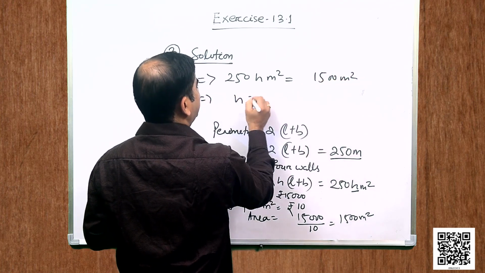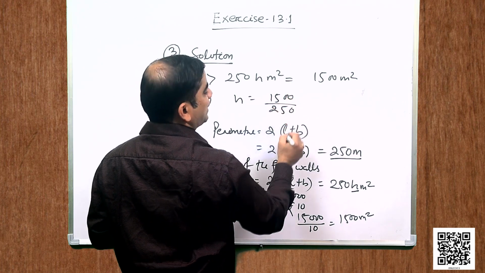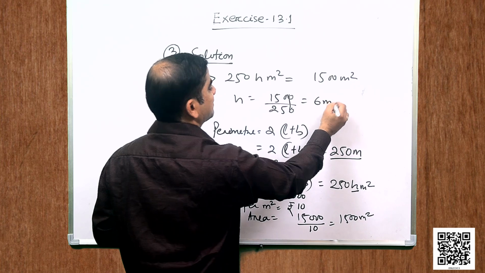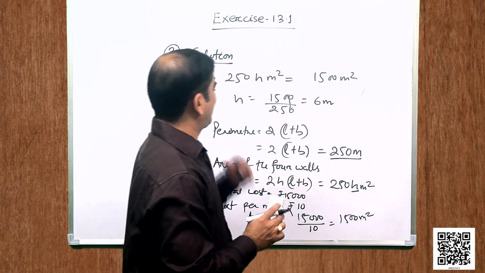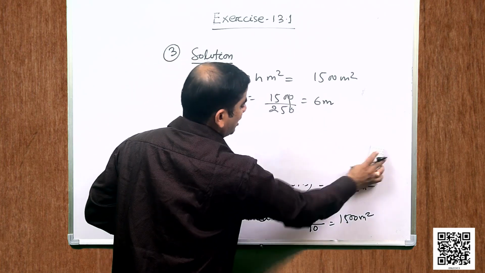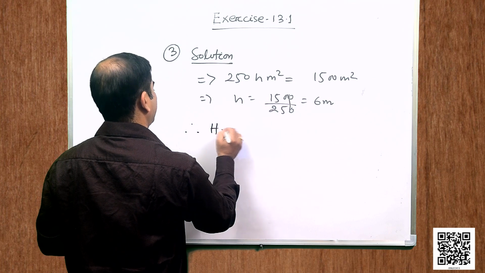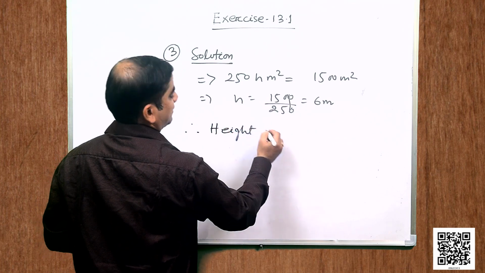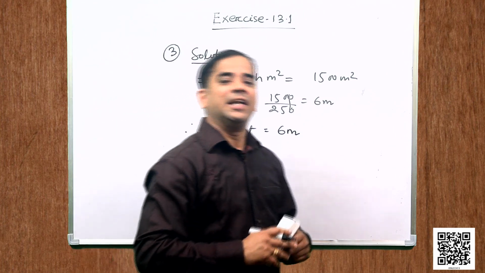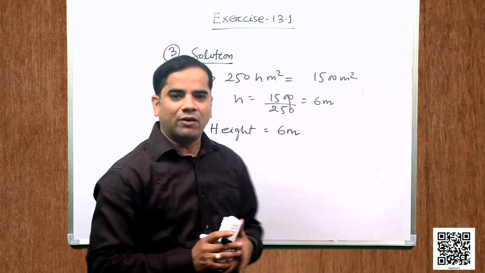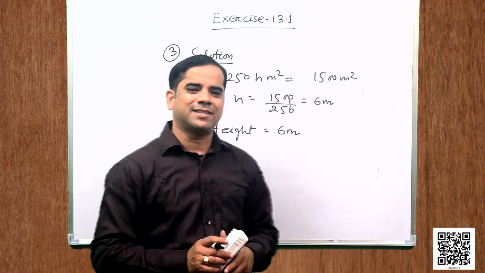That means H is equal to 1500 divided by 250, that is 6 meter. So we have come to the conclusion that the height is equal to 6 meter, which was the required data. So the height of the hall is 6 meter.